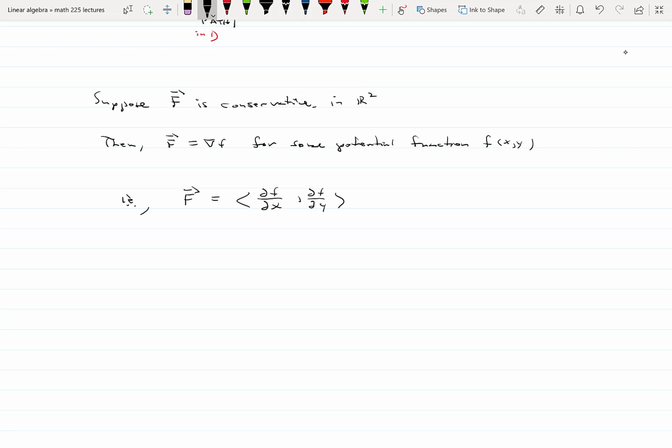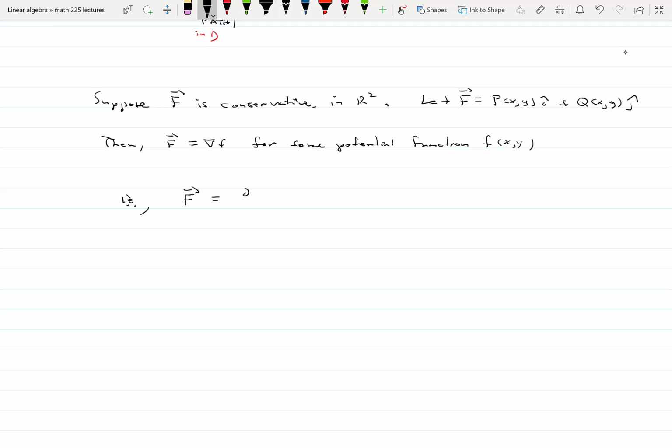Okay, now let's go back above, and let's identify what F looks like. Let's say F equals p of x, y i plus q of x, y j. Okay, and I realize I'm mixing notations here. It might be a little confusing. It's no big deal here.